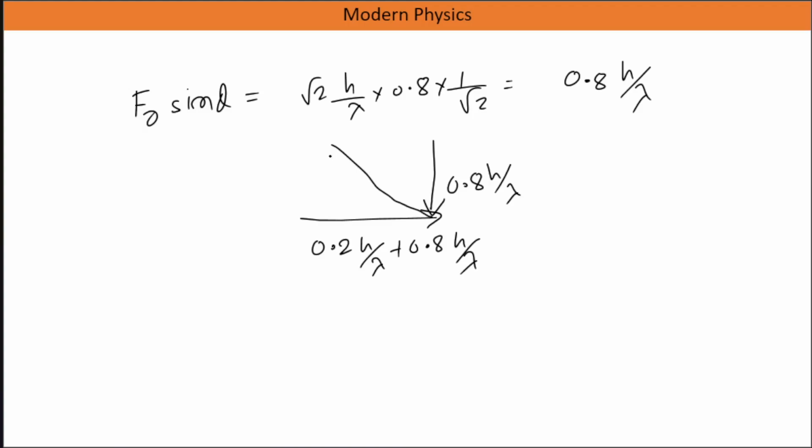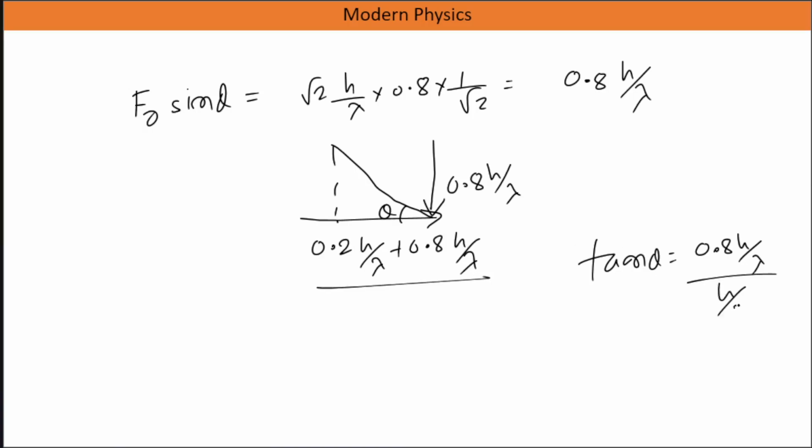So this will make how much angle? Let's call it theta. So tan theta is equal to 0.8 h by lambda divided by this thing, and that is equal to h by lambda. So this will get cancelled. Tan theta is how much? 0.8. You can break it like this, so this is your 4 by 5. Okay?